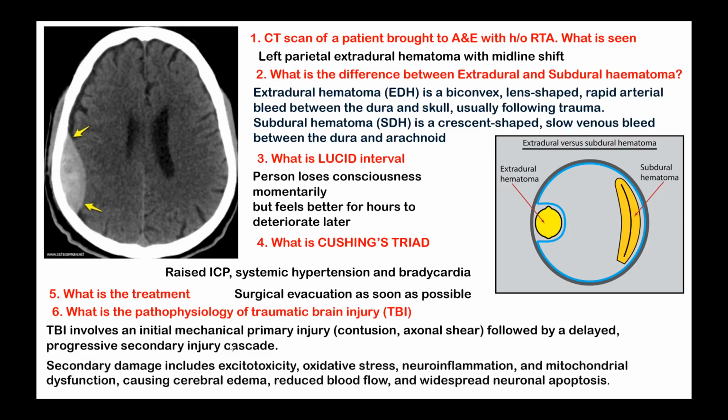So traumatic brain injury involves initial mechanical primary injury like contusion, axonal injury, followed by a delayed progressive secondary injury cascade. Secondary damage is due to excitotoxicity, oxidative stress, neuroinflammation, mitochondrial dysfunction, causing cerebral edema, reduced blood flow, and widespread neuronal apoptosis.